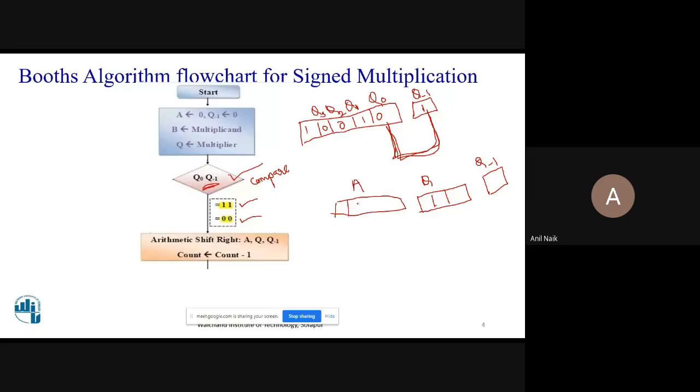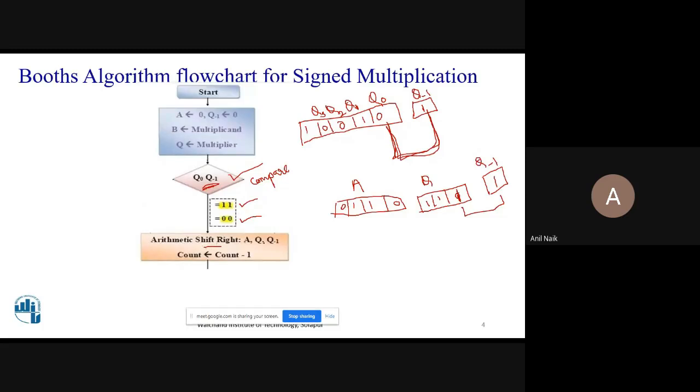So what we do here is an arithmetic right shift of the content of A, the content of Q, and the content of Q minus 1. Suppose it is 0 1 1 0 1 1 0 1. This is the condition: if Q naught and Q minus 1 are both the same, both 0 0 or both 1 1, what is the operation?